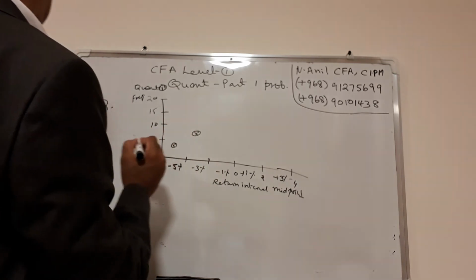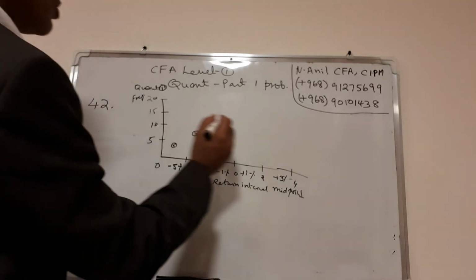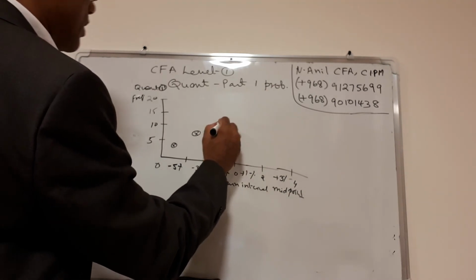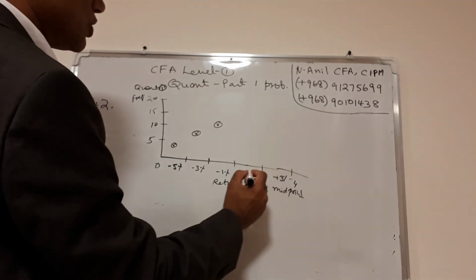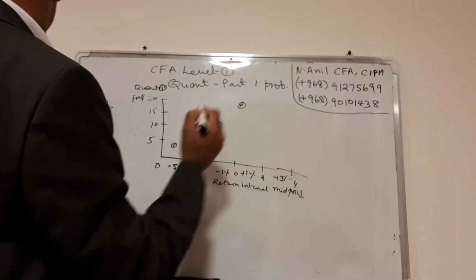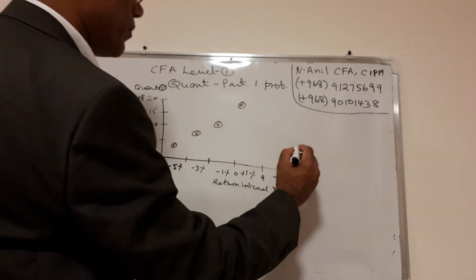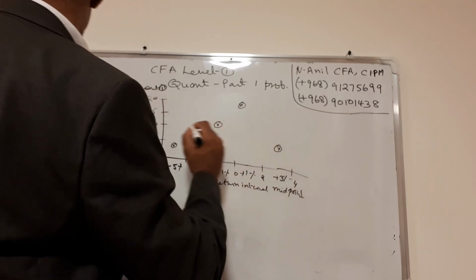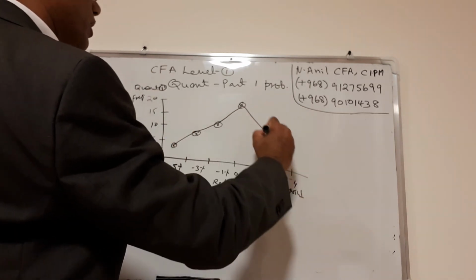Corresponding to minus 1, it is close to 11. Corresponding to 1, it is 20. Corresponding to 3, it is again 5. If you join these, this is the frequency polygon.